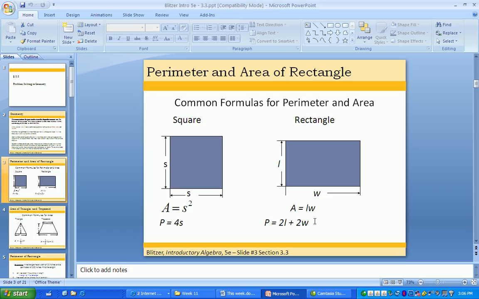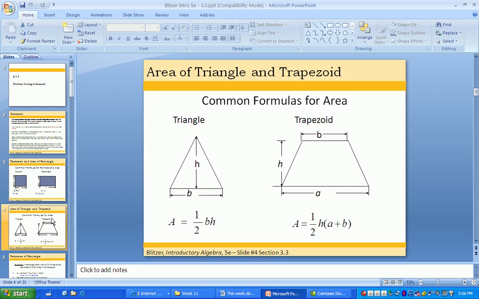Some shapes we haven't talked about yet, really, at least in this class, are a triangle and a trapezoid. And here are some formulas for the area of a triangle. It's going to be 1/2 base, the base of your triangle, times the height of your triangle. And it's real important to notice that h goes from here perpendicular up to your end.